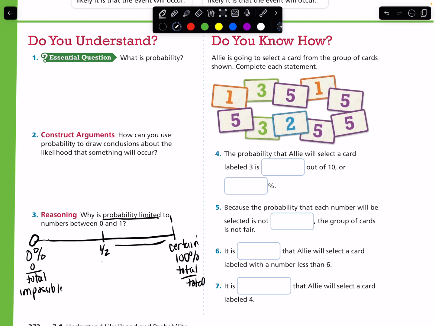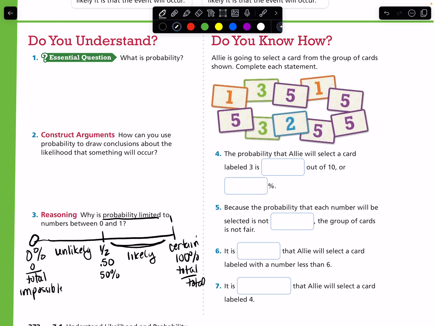So if it is anywhere between this, any fraction or any decimal between 0.50 or 50%, this is likely, and this is unlikely. Okay? So if it's anywhere between those, that's where it's going to be.